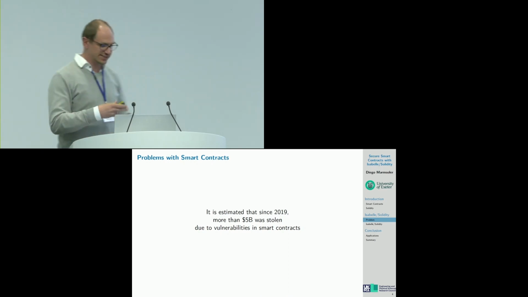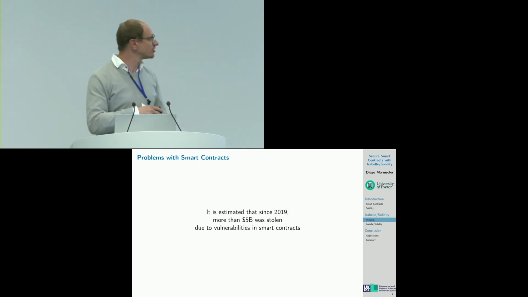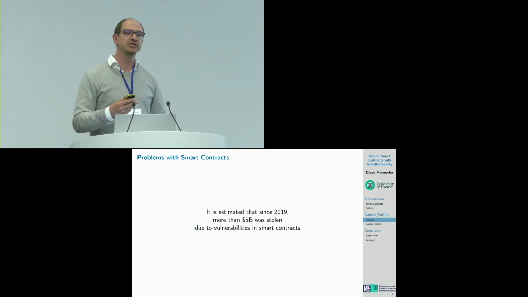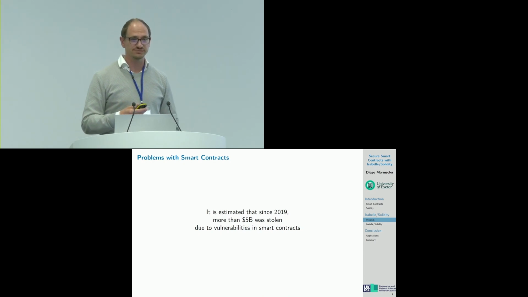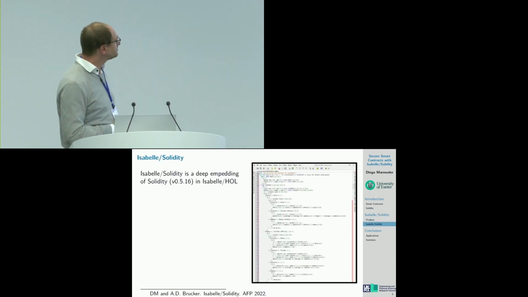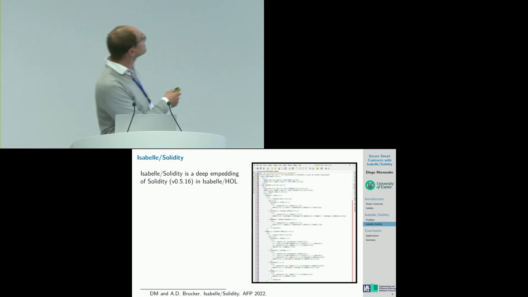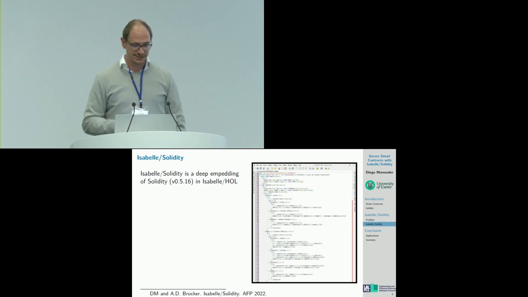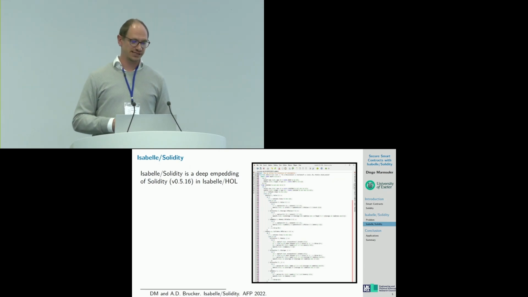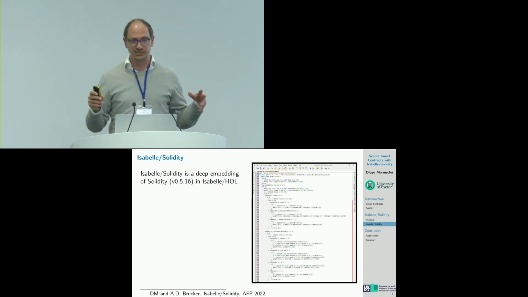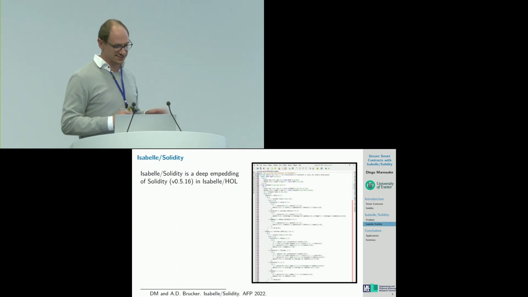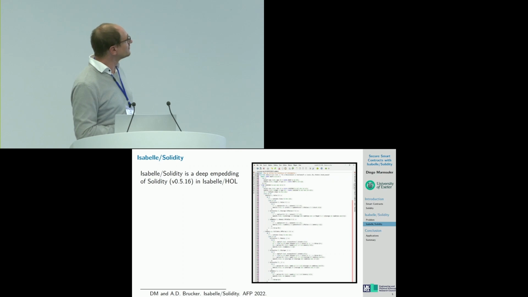And this is what our research is about. We try to build tools for the verification of smart contracts. To this end, we developed Isabelle Solidity, which is a deep embedding of a subset of Solidity, 0.5.16, in Isabelle/HOL.